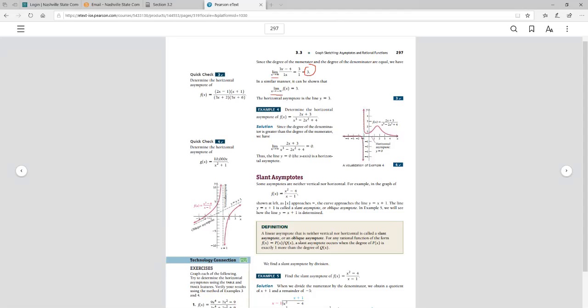Why would it do that? Because if you have 3x minus 4 over x, if you divide the numerator and the denominator by x, then that would end up giving you 3 minus 4 over x.